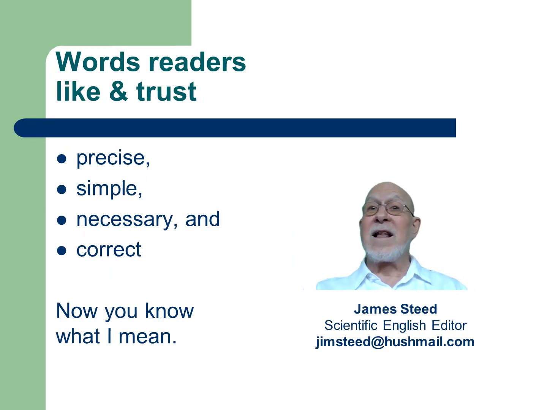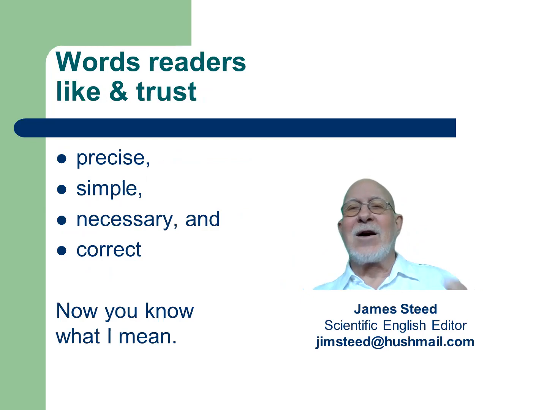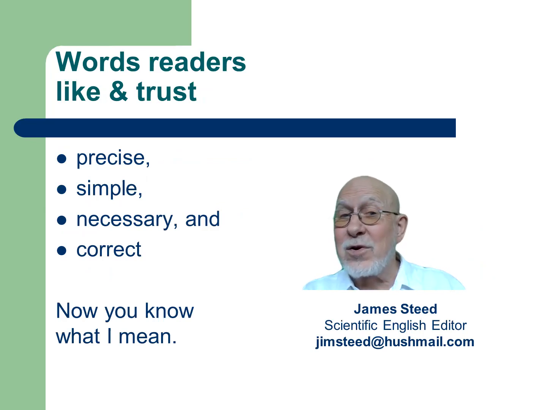Take a look at the next one. We don't have to look anymore. Now you know what I mean by choosing words that readers like and trust. Precise words, simple words, necessary words, and correct words.